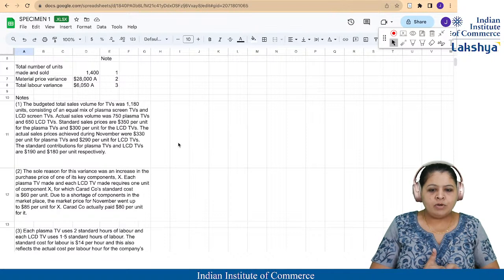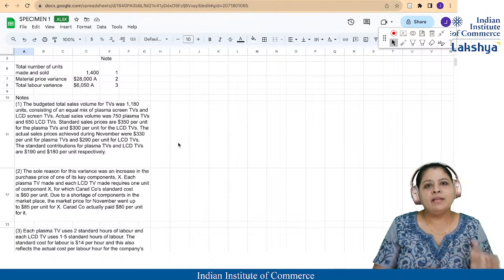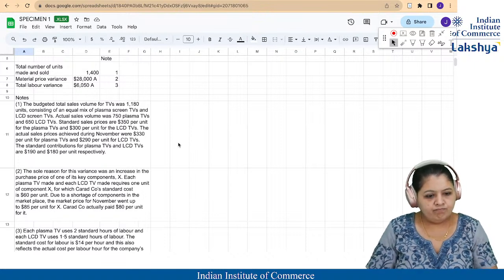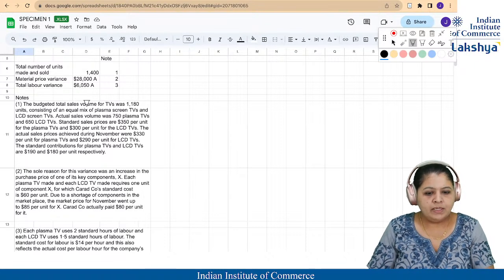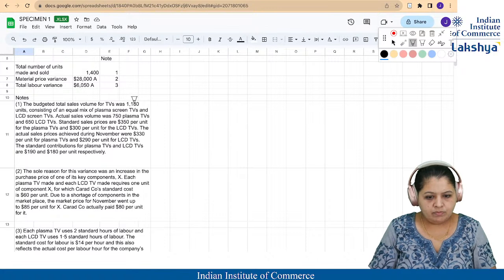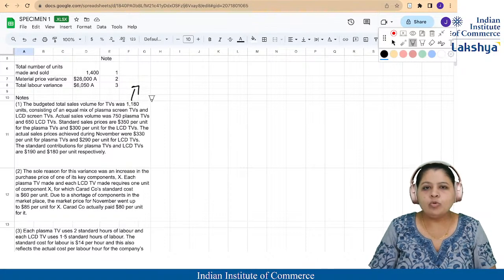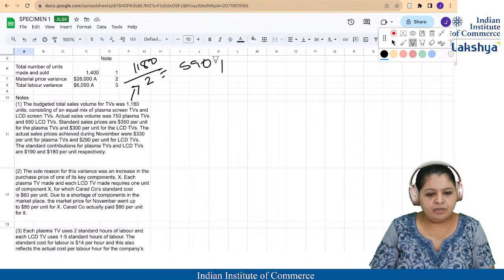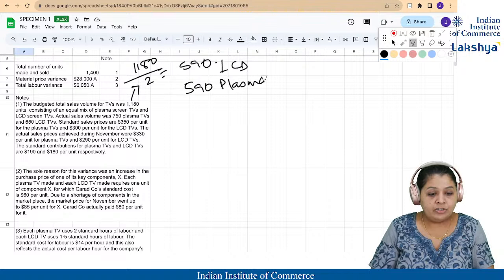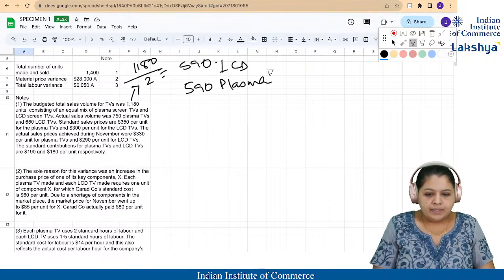So the budget was expected to be equal for both of them, totaling 1180. This total of 1180 was divided into two products, so 590 of LCD and 590 of plasma. This is what their intention was, right?